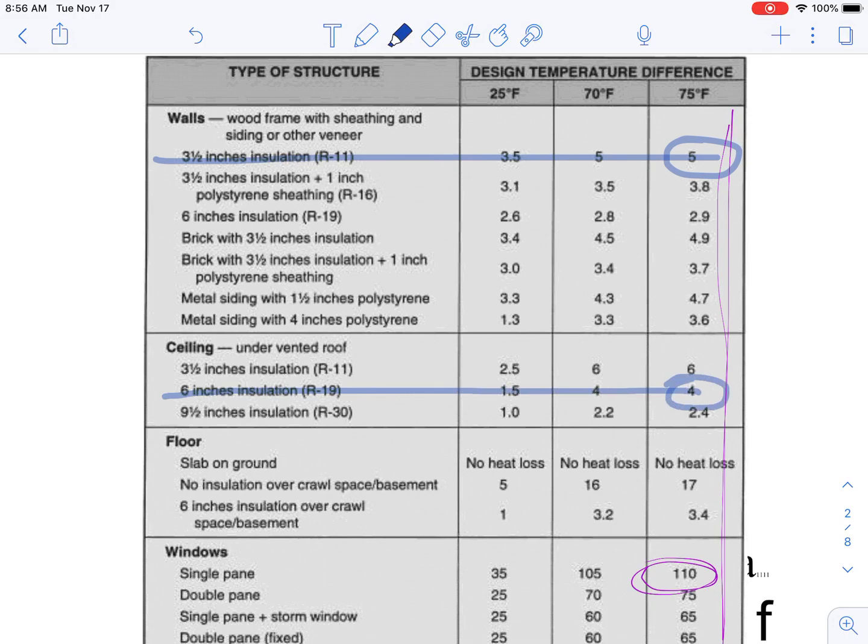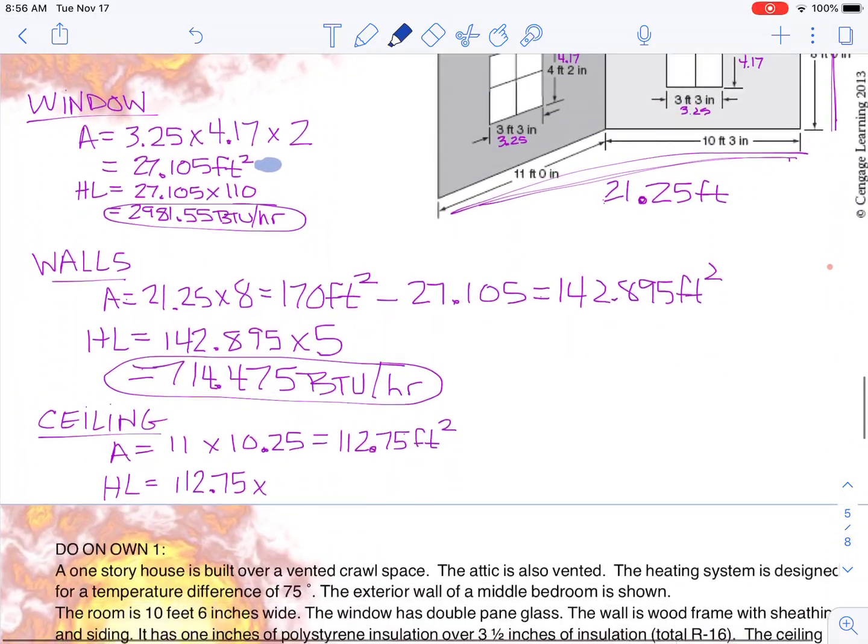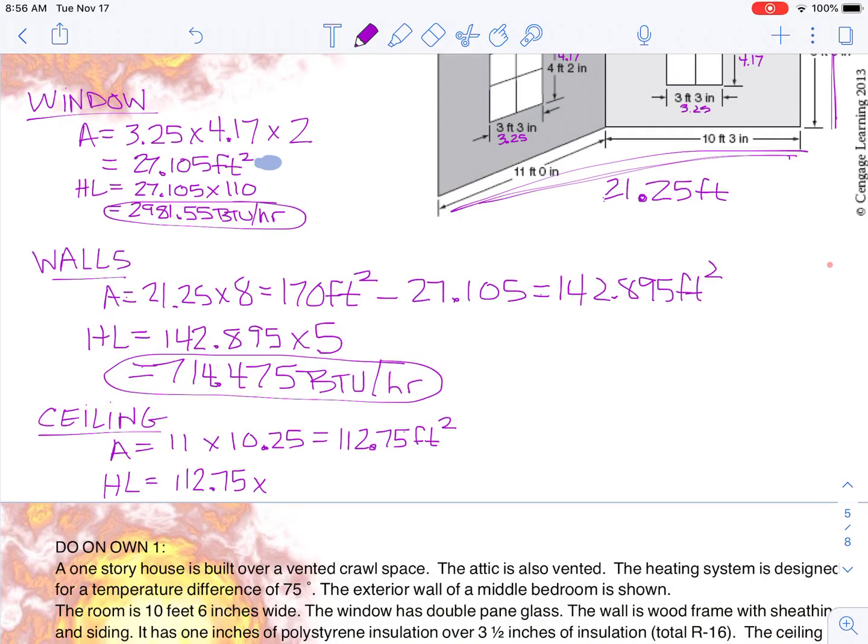We're still with 75, so our coefficient is 4. So we're multiplying our area times 4 to get 451 BTUs per hour.